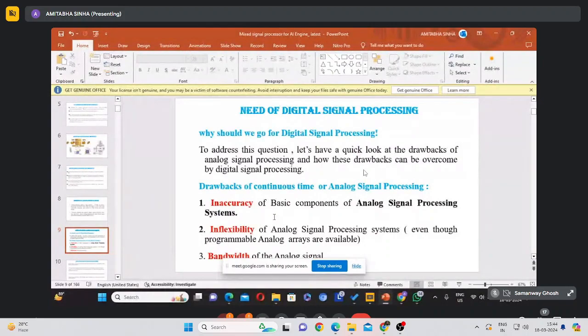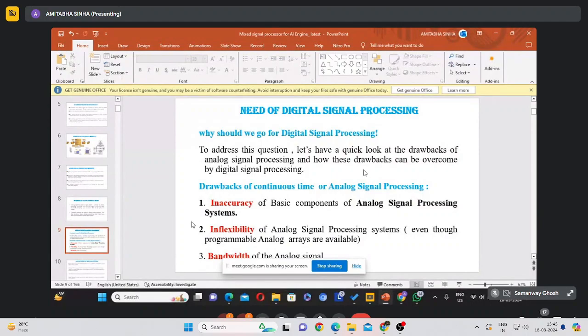Second, inflexibility, because analog signals are not programmable. That was a myth earlier, but recently this has been overcome by programmable analog devices. Until recently, programmable analog devices were not available, and whatever was available in the market even 15, 20 years back had very low bandwidth.